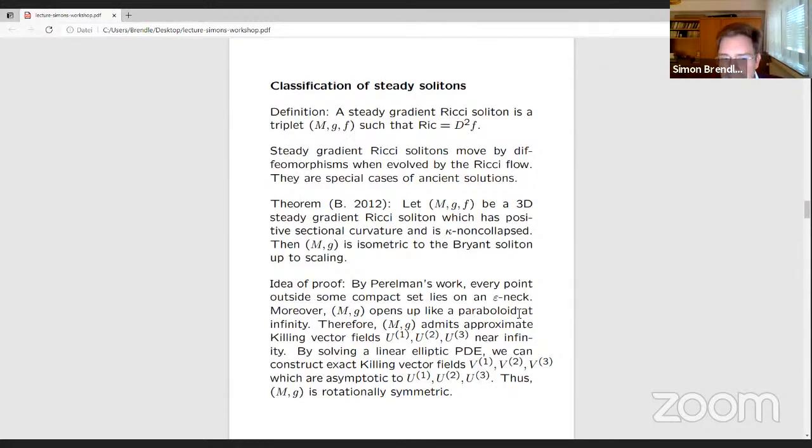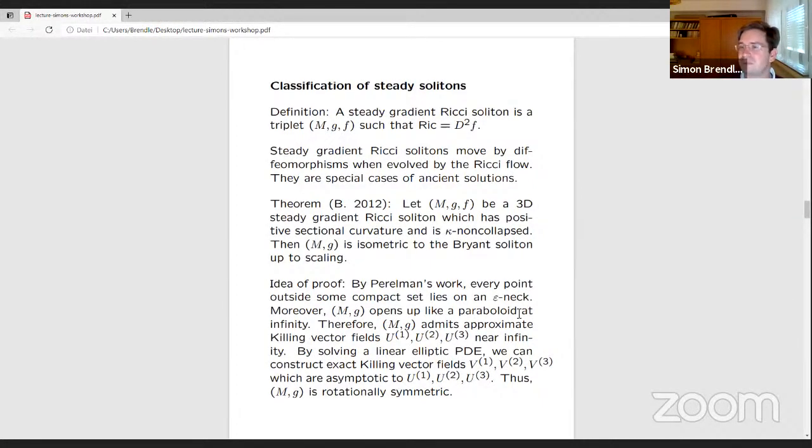And so the idea of the proof is that by Perelman's work, we know that outside of some compact set, the solution looks like an epsilon tube. So every point lies on an epsilon neck, and basically the epsilon gets better as you go farther and farther out to infinity, because if you have a smaller epsilon, then this result of Perelman is still true.